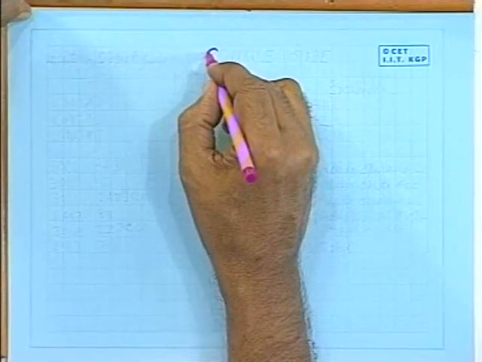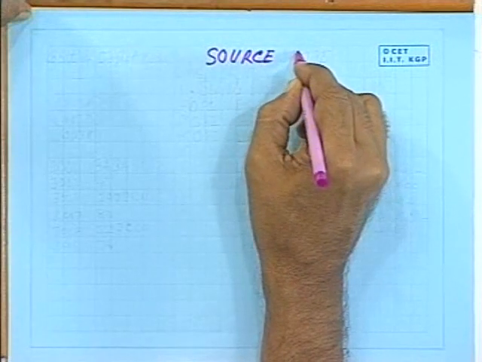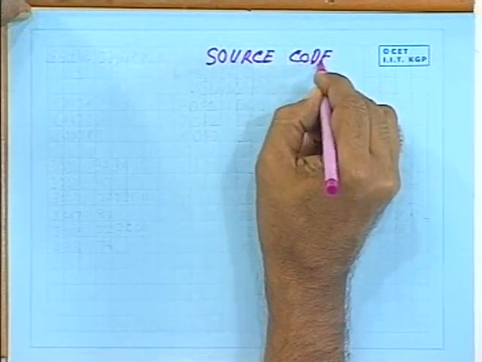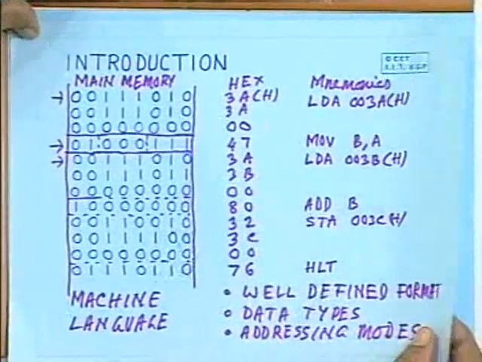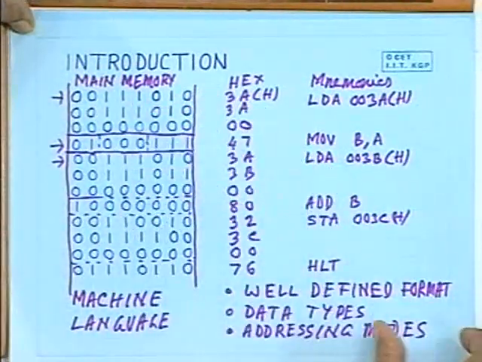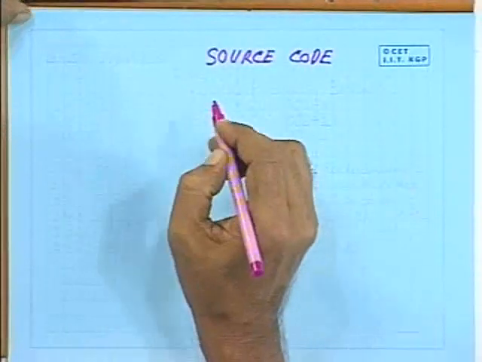Now I think we should illustrate the use of assembly language and how you can write an assembly language program. You have to write the program in source code. The program which we showed in the beginning, I am writing this same program in assembly language, and it will look like this.